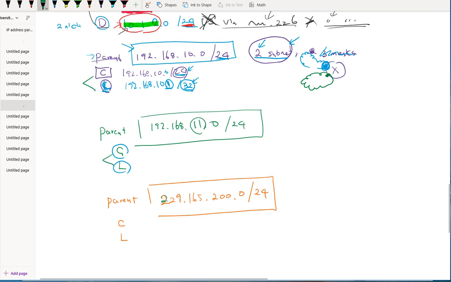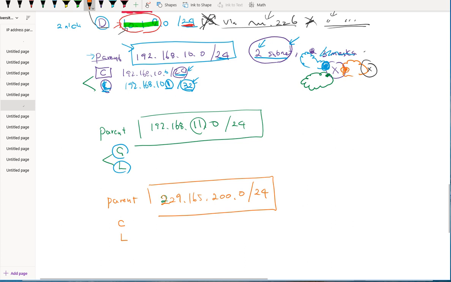And then finally we have the orange network. Here, of course, there's another router. But now we are talking about this orange network, and of course there's an interface.